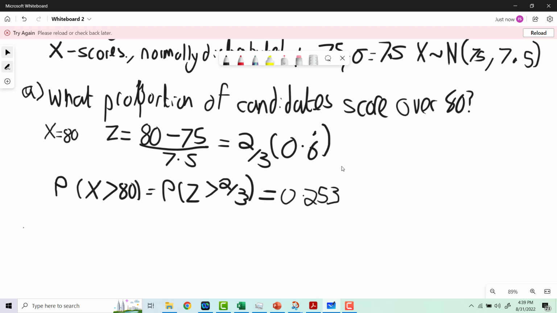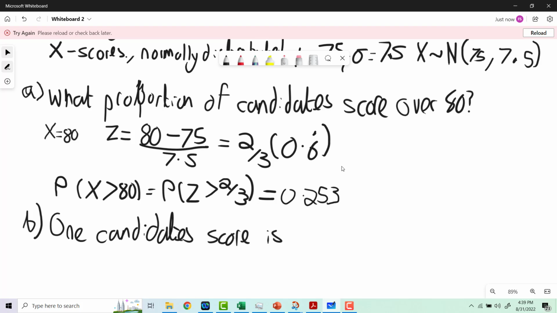And then B, second little question: one candidate's score is at the 98th percentile. What is the score?